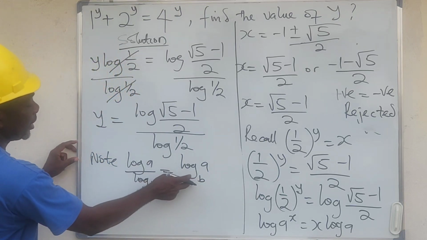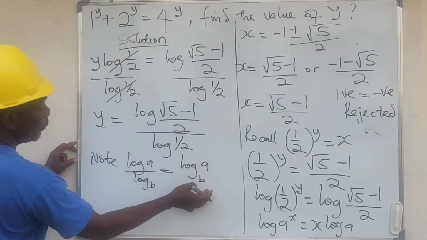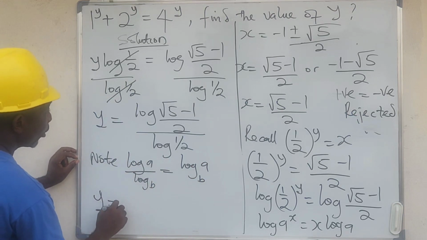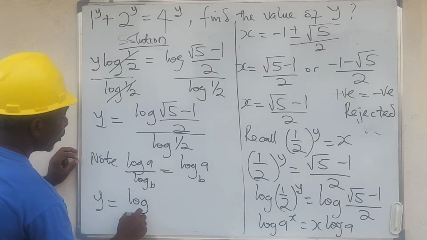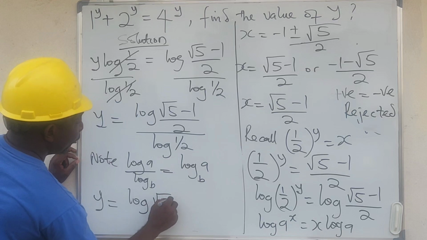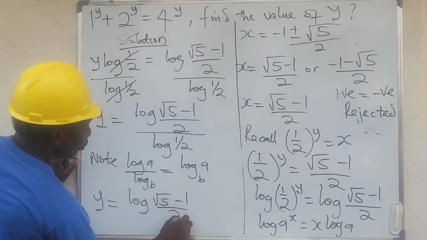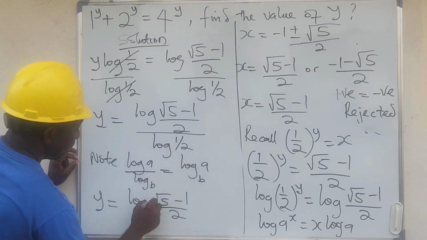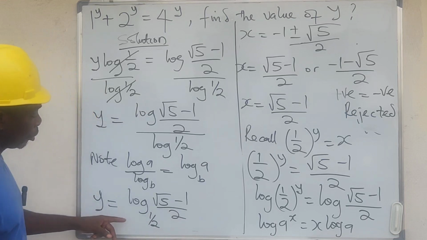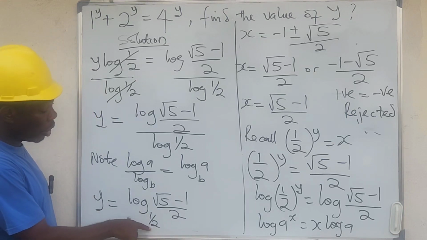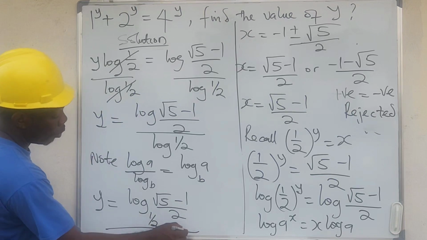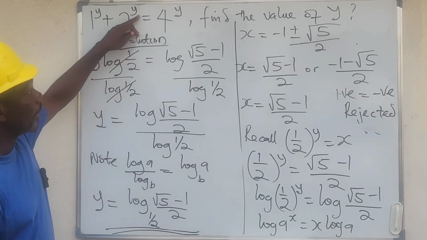So expressing this in this form, our y will become log root 5 minus 1 all over 2, base 1 over 2. So this is what we have. This is base 1 over 2. So this is the value of our y from this expression.